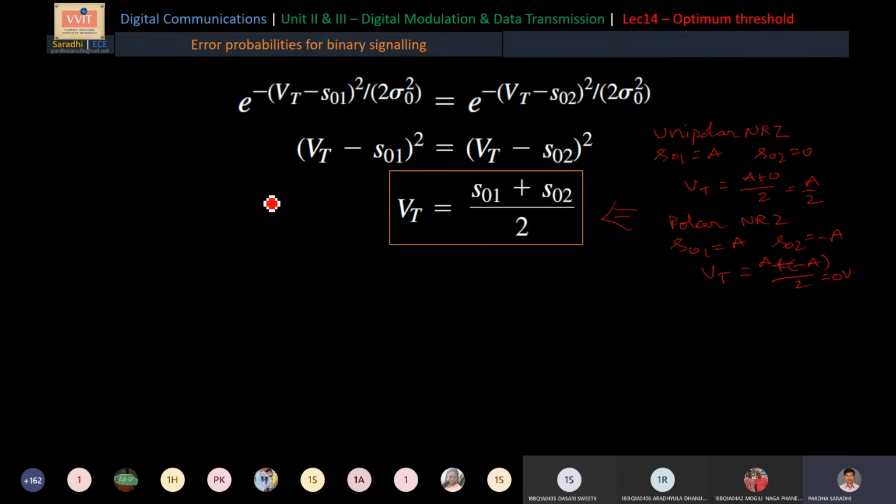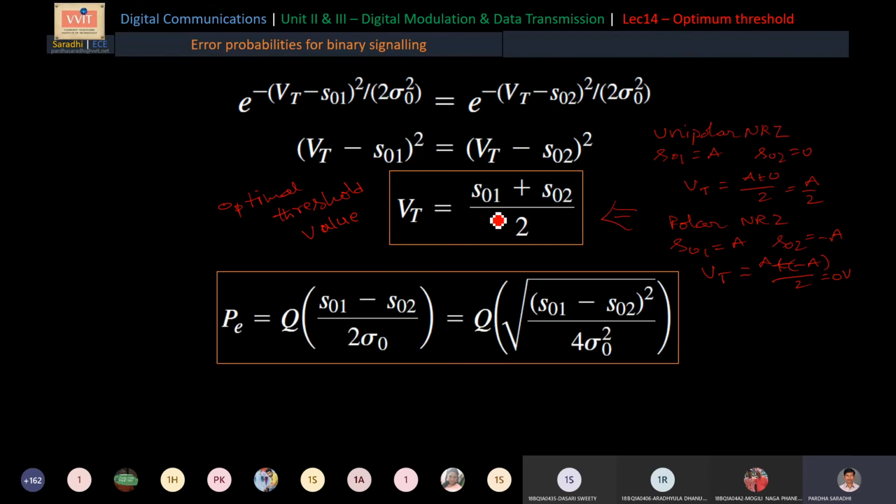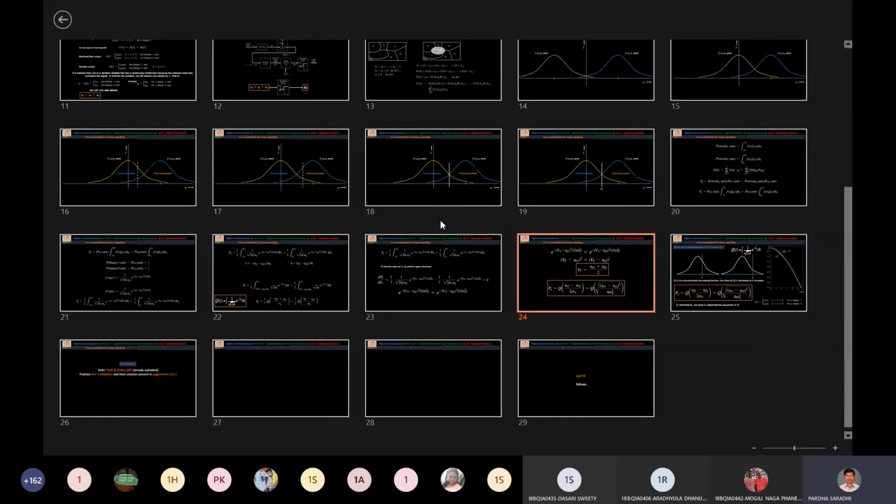So this is an optimum or optimal threshold value that we can obtain, and it is based on what value you are transmitting for bit 1 as well as for bit 0. Now let us substitute this in the earlier expression.